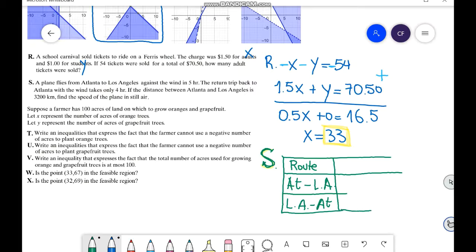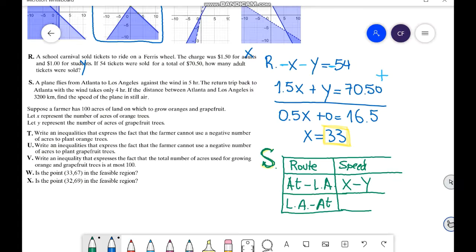On the first leg, we will have the speed. The first leg, the plane flies against the wind. That means the speed is going to be less. The wind is holding the plane back. The wind is not helping at all. It's holding the plane. So the speed is going to be the speed of the engine, x, minus the speed of the wind.